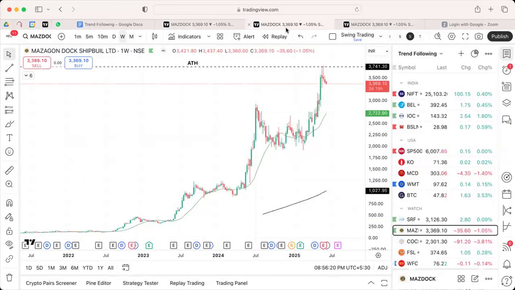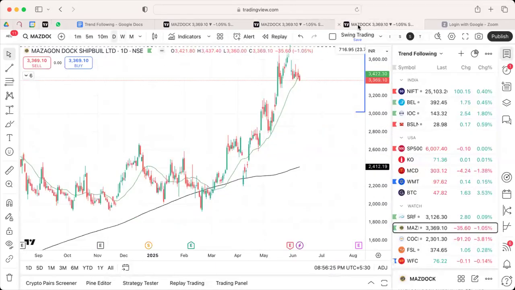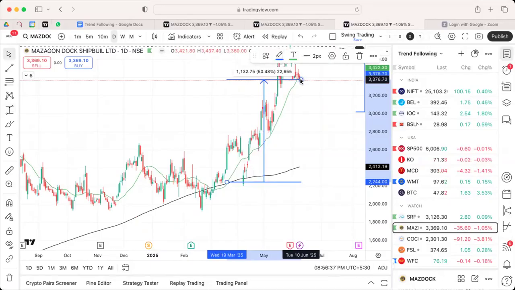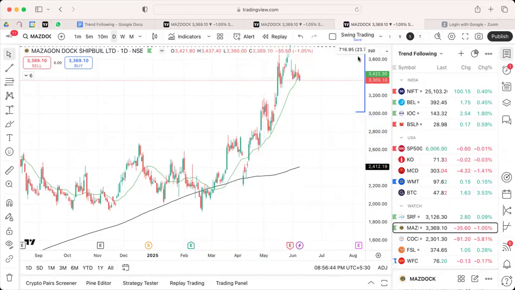But look at the weekly, the 20 is above the 200. On the daily chart, the 20 is above the 200. So if you had entered March 2025, and by now, April, May, June, that's 3 months, that's about 50% gain in 3 months on MassDoc.